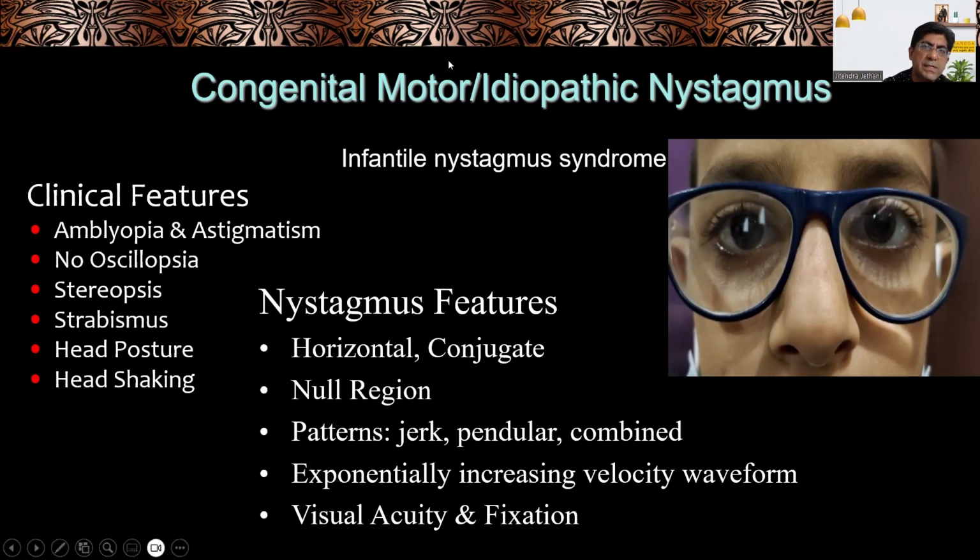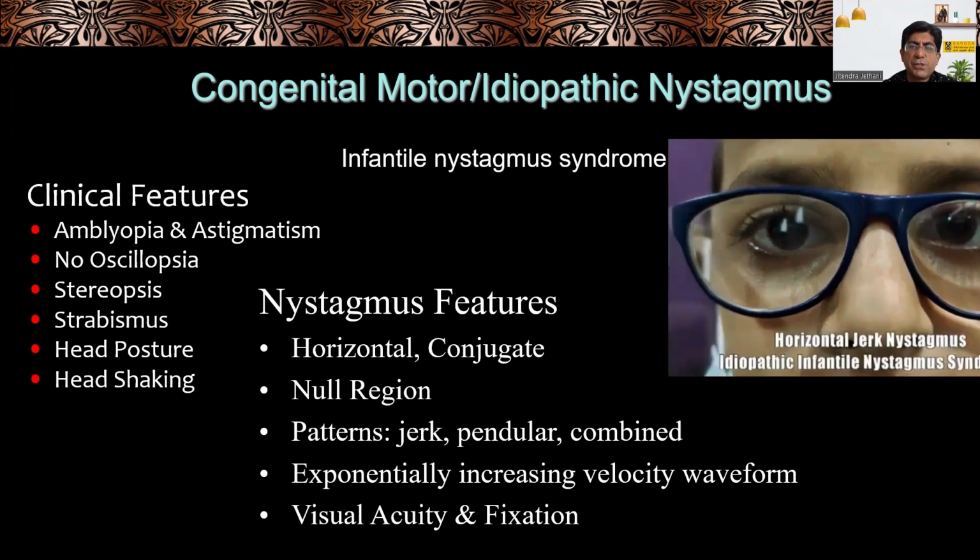Now, clinical features in motor or idiopathic or infantile nystagmus syndrome: amblyopia and astigmatism would be there. Normally, they would have with-the-rule astigmatism, no oscillopsia. There can be some stereoacuity. Strabismus would not be very common, but it may be present. There can be a head posture mainly because of the null zone.